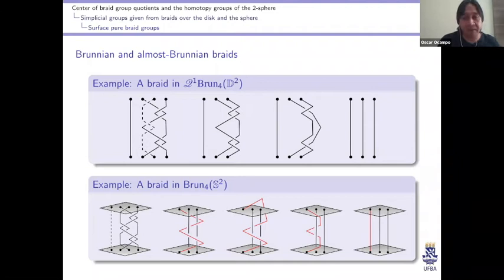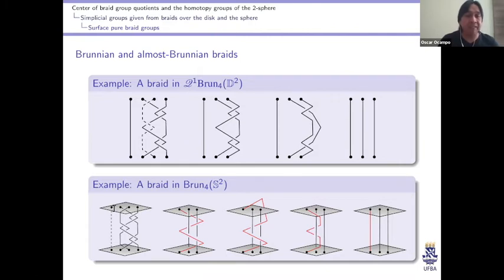So this is an example of an almost Brunnian braid over the disk, and this is an example of a Brunnian braid over the sphere. In some sense, it's the same braid as the first one. The point is that when we remove the second, the third, or the fourth string, we have the movement in some tubular neighborhoods, in some part of the disk. We have the trivial braid.